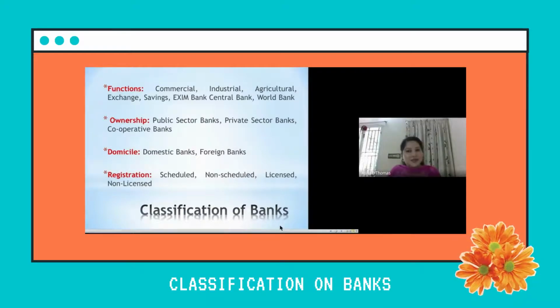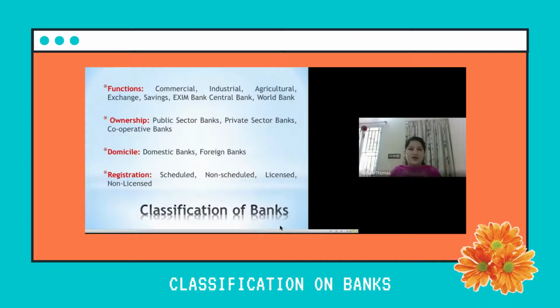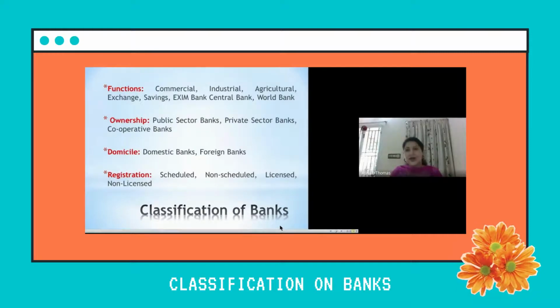The same is the case with foreign exchange. When I'm talking about the exchange function, almost all the major banks within the country would be having foreign exchange as one of their functions. They will be having a department which would be dealing with foreign exchange transactions.